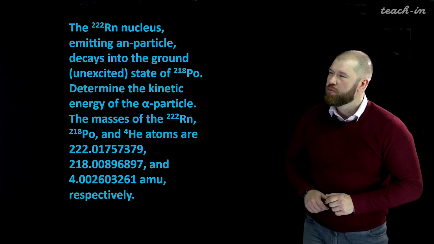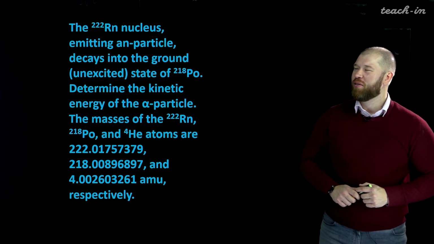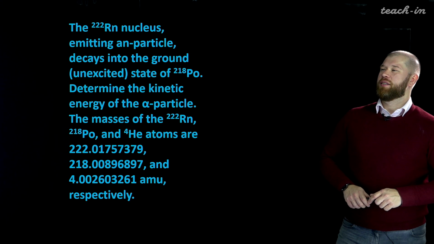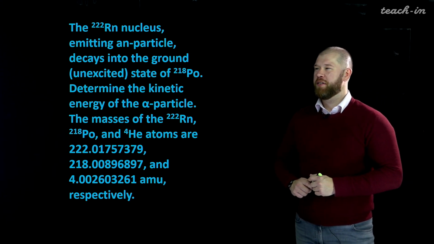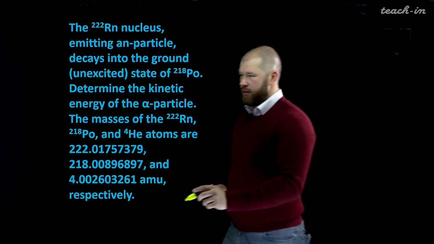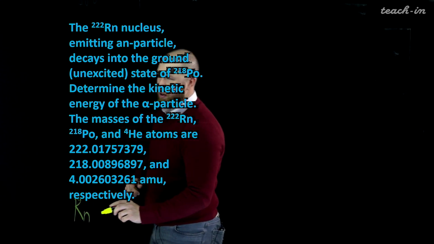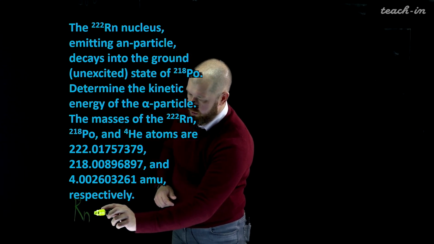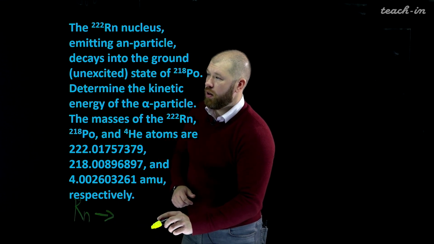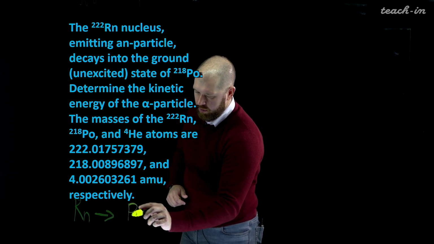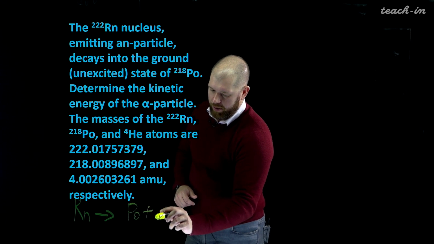It should be not n particle, it should be alpha particle, but nevertheless. Okay, we have this simple transformation of radon to polonium and alpha particle.